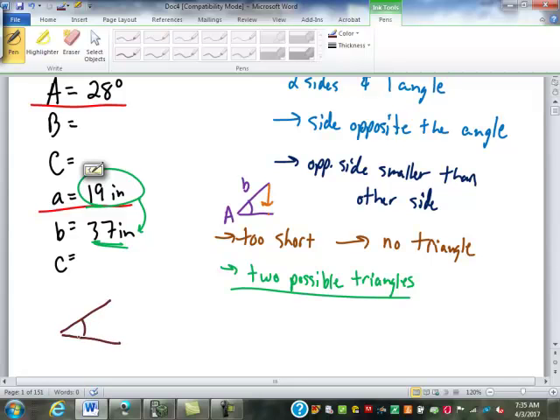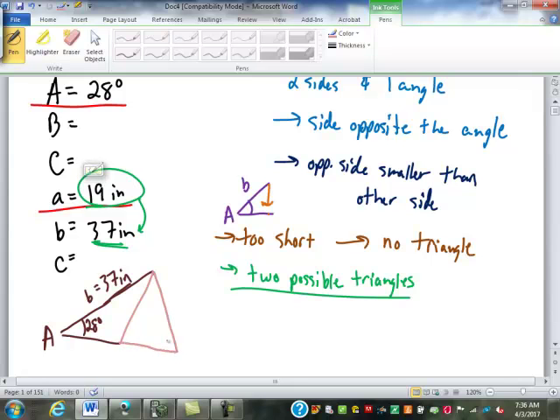Here's angle A, which is 28 degrees. This up here is going to be side little b, which is the 37 inches. Side A can either go like this, I'll do this in a little bit later, it can either go like this, or it could go like this.